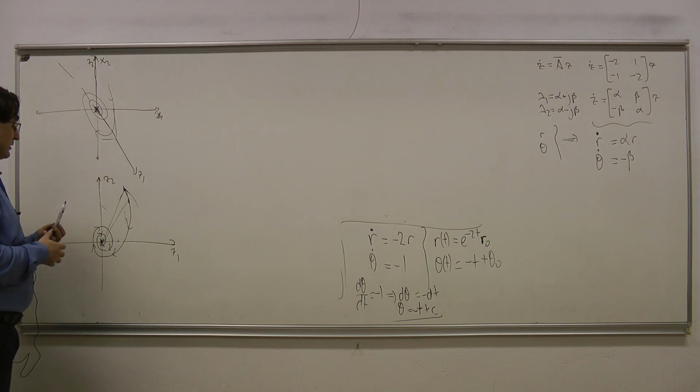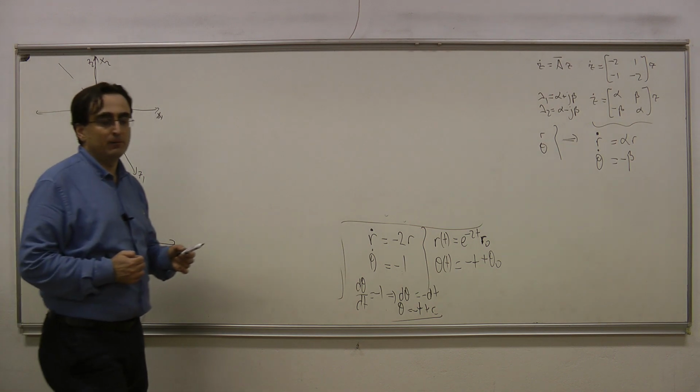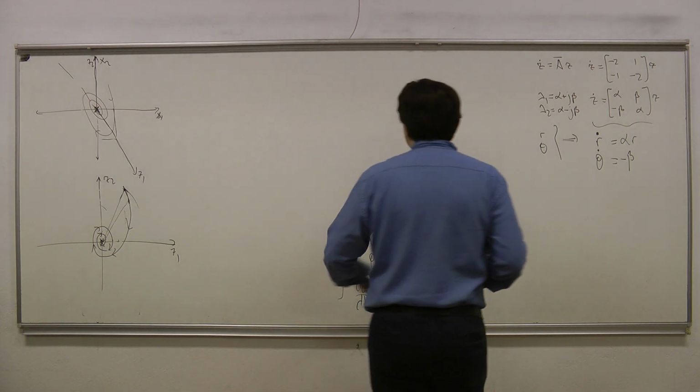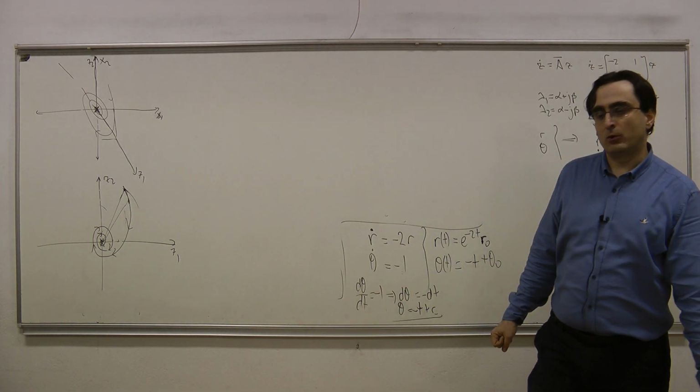We are going to classify equilibrium points as well when we cover the concept of stability. But this equilibrium point would be called a stable equilibrium point because all trajectories around it would converge to the equilibrium point, and we are going to call such behavior a focus type of behavior. So we are going to call that equilibrium point a stable focus.